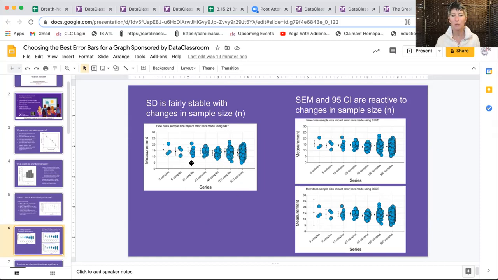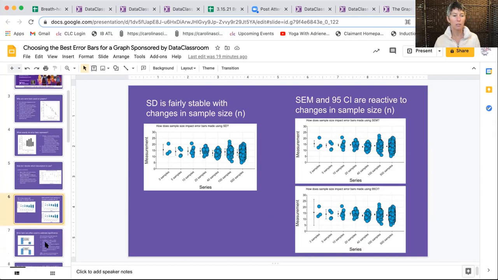So if you think about your student data being somewhere maybe within 10 to 40 samples, this is the range where we're looking at how the impact of the sample size changes the students' outcome of their expression of error, and also looking between these 2 of which choice they'll make, in that there's quite a bit of impact in these smaller sample sizes to use these 2 interchangeably. That is the standard error of the mean and the 95% confidence interval.